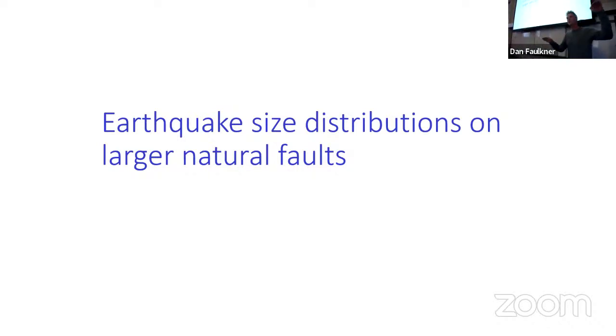We have this Gutenberg-Richter relationship with a b-value of 1, which I should have said, actually, a b-value of 1 tells you that you have 10 times as many magnitude 6 earthquakes as magnitude 7 earthquakes, and 10 times as many magnitude 7 earthquakes as magnitude 8 earthquakes.